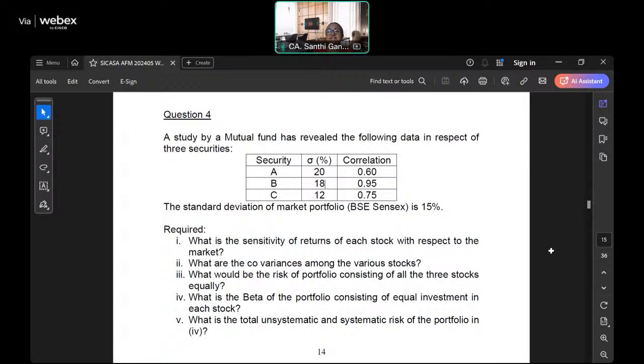now we know beta is correlation into standard deviation by standard deviation. We have the correlation. So what is beta?